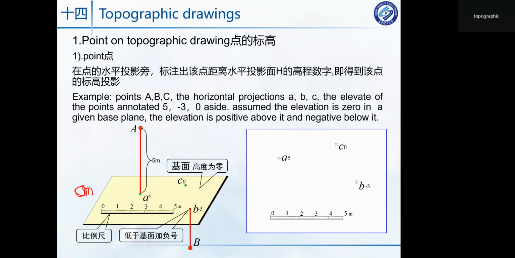So many students ask me, where can we get the minus level? Usually we think where we are is above the sea level. But in some places in the world, there are many places below the sea level. For example, most of the Netherlands is below the sea level.